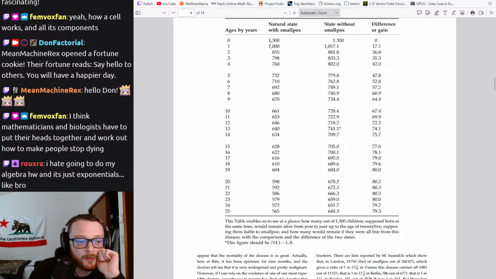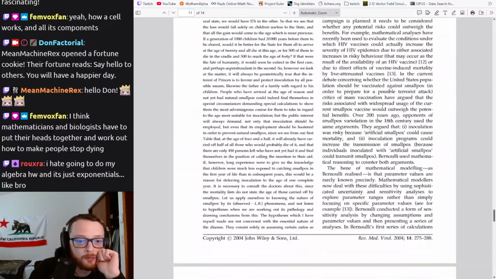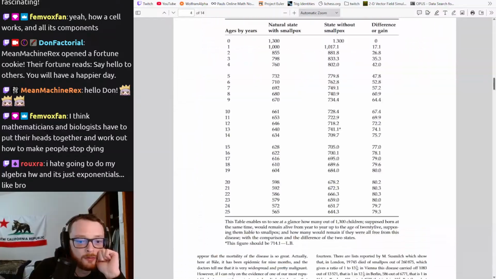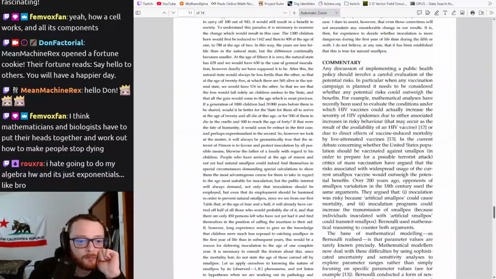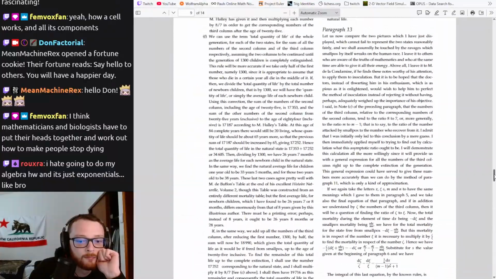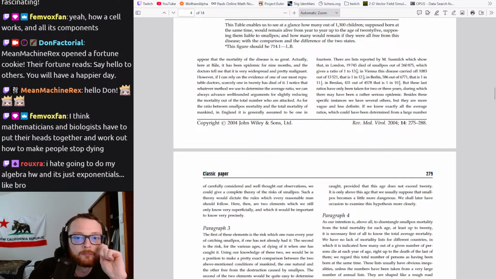This is just if smallpox existed versus not existing. I assume later on it's a modified version of this table. No? I don't know. Maybe not. But yeah, cool stuff.